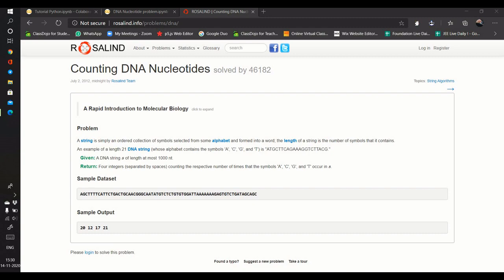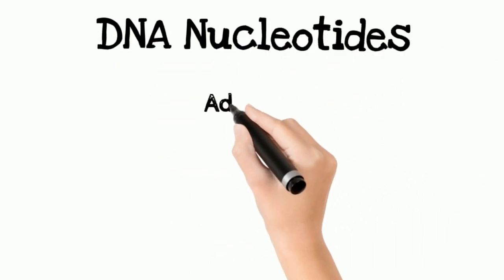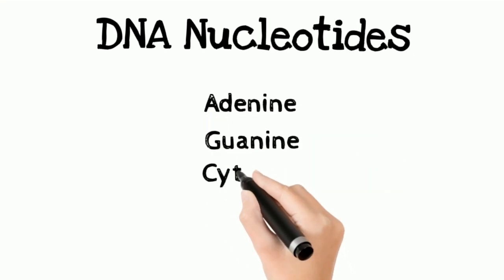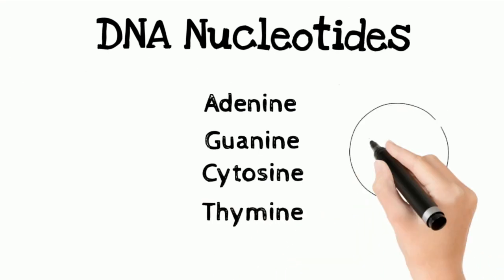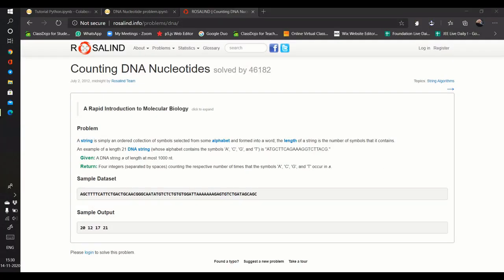Just to give you a hint, the next problem that we'll be solving is based on this. A, T, C and G stand for adenine, guanine, cytosine, and thymine. Now let's not go deep into this and let's get started with the program.